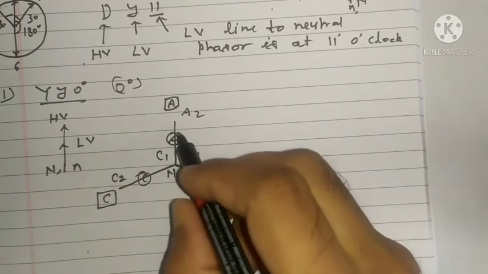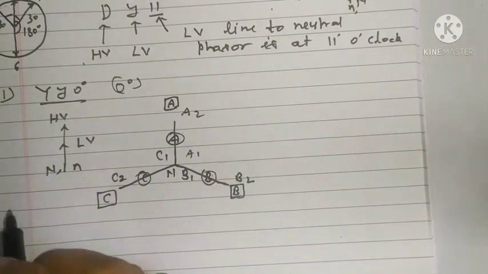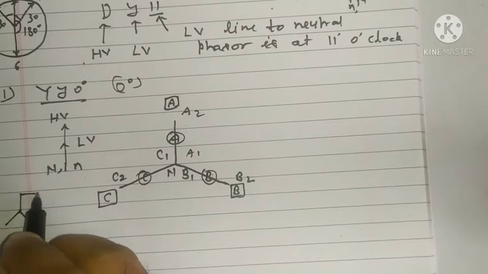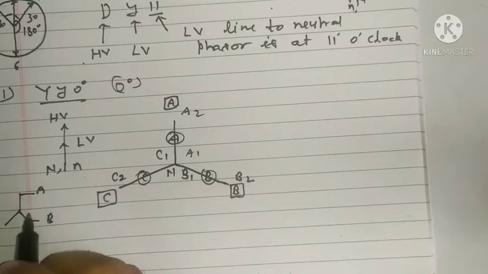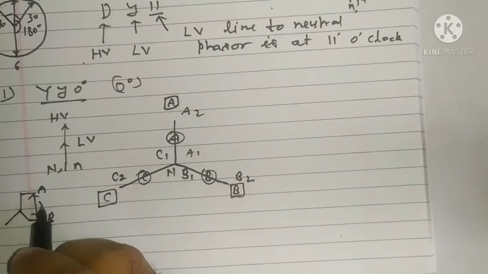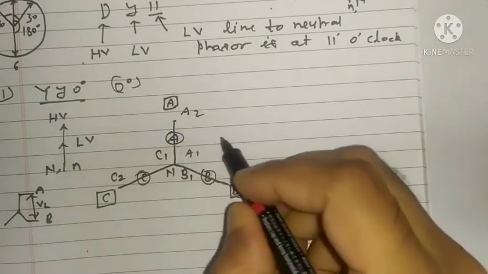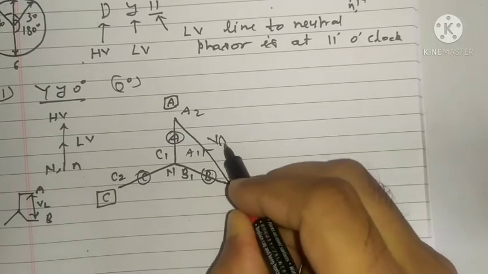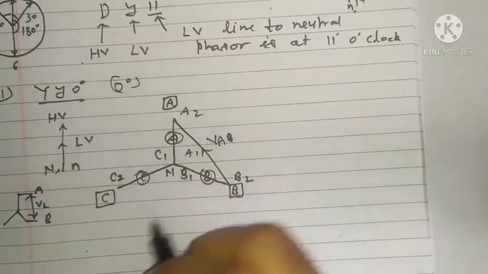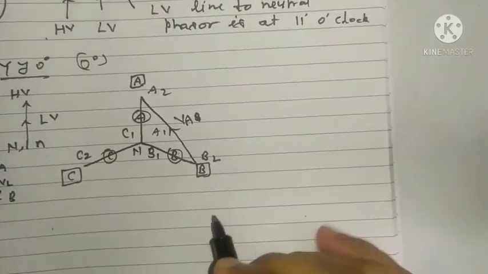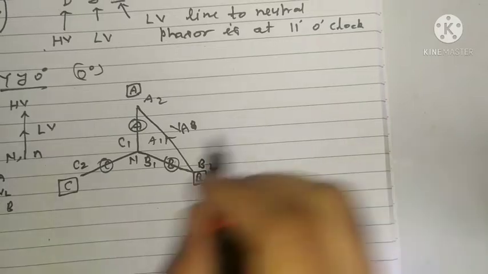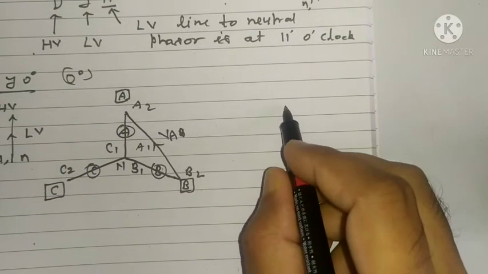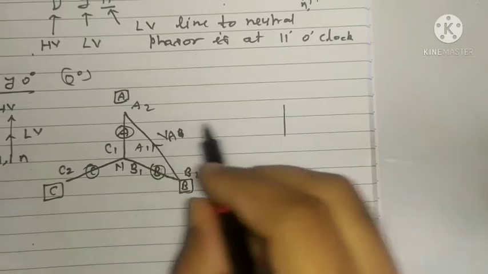Now terminal A and B, voltage between terminal A and B will be line voltage, right? So I will write here VAB. VAB is the line voltage for HV side. Now let us draw LV side. LV side line to neutral is also vertical. So LV side will be represented by small letters.